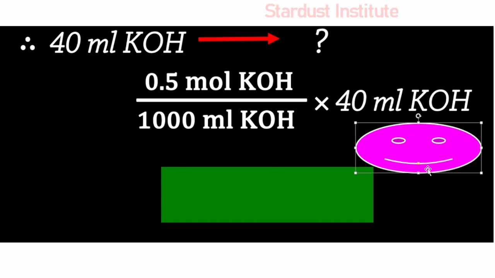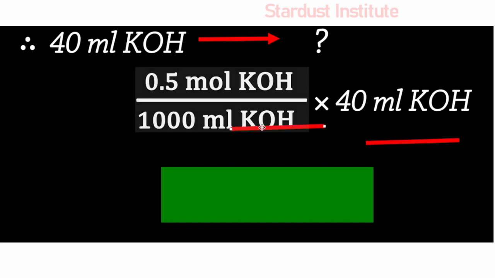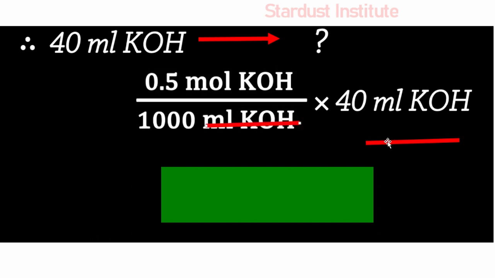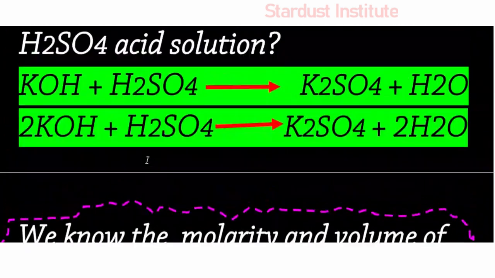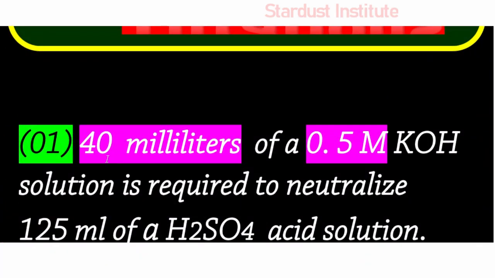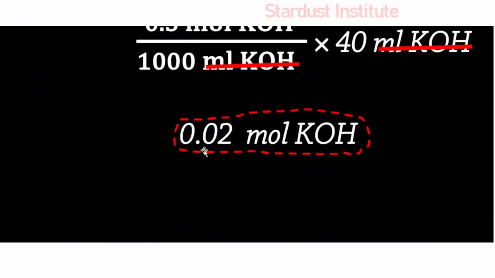Units should be cancelled out: milliliter KOH, milliliter KOH. Then we get 0.02 moles of KOH. In 40 milliliters of this KOH solution, there are 0.02 moles of KOH.